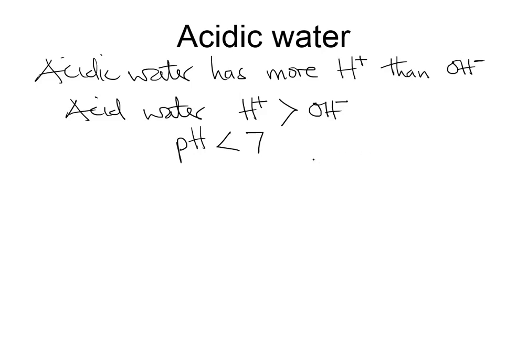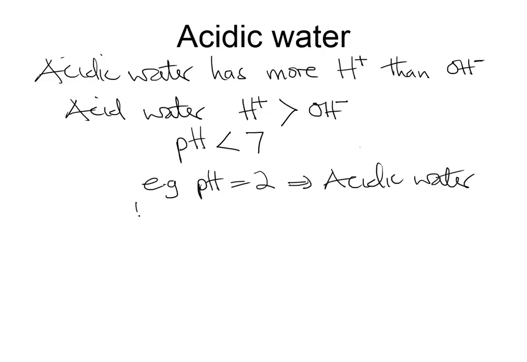So if you see something, e.g., pH is equal to 2, that one is acidic water, because pH is less than 7. What about basic water?